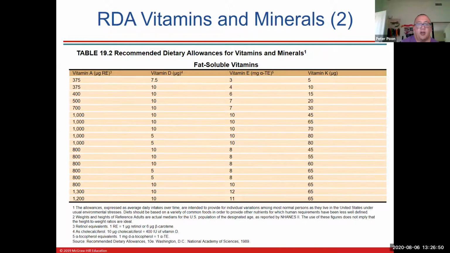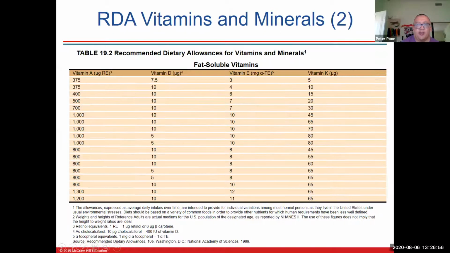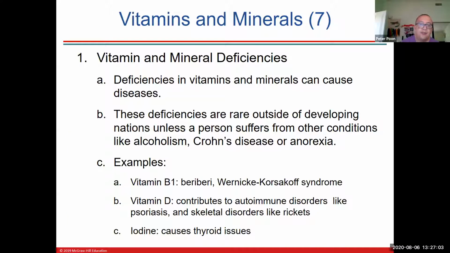So here, this is a really long chart. If you want to figure out what line you are, you can go see how much of whatever vitamin you need, etc. Vitamin and mineral deficiencies.